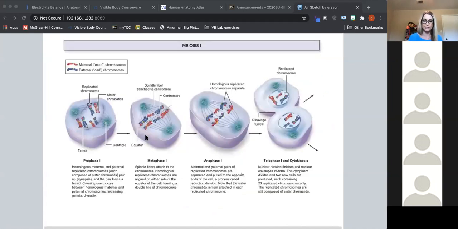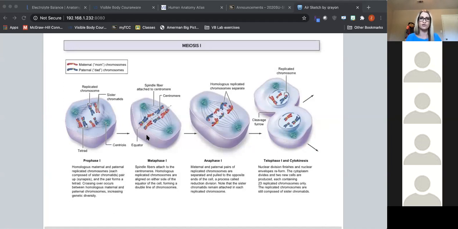How do we get the cells that have only half of the genetic information? And again, this is very important, that our gametes carry only one set of chromosomes, because if sperm and egg both were diploid cells, when they come together, we would have 4 of each chromosome, and that's not good.